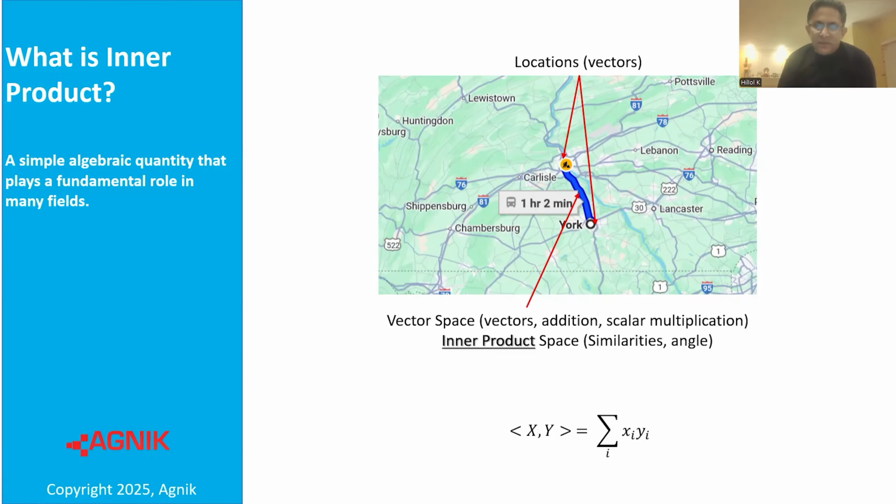It is usually computed between two vectors. Given two vectors x and y, it essentially generates a scalar quantity, which is xi times yi, summation over i. Now that's the algebraic definition of the inner product between two vectors.